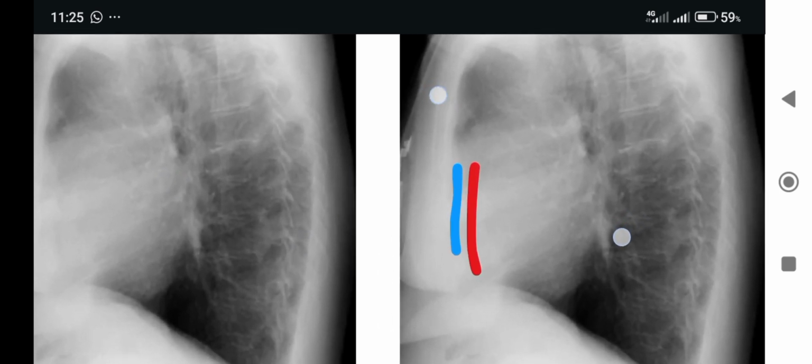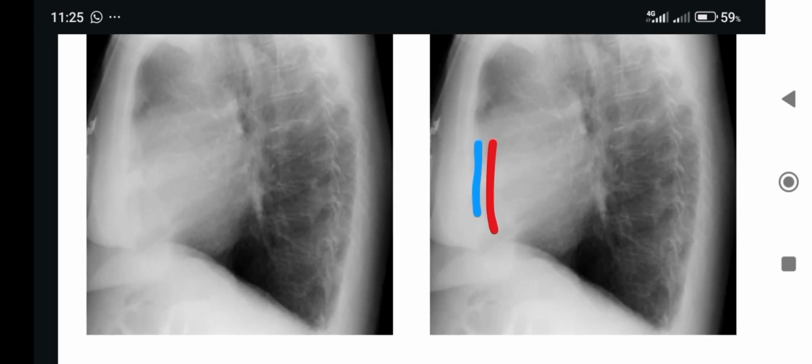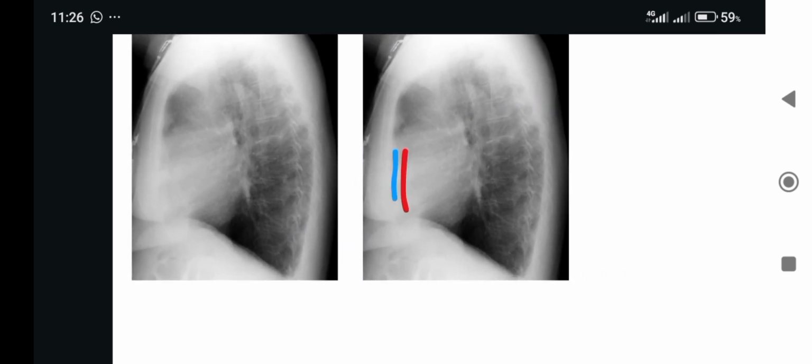I used a label to separate the red line and the blue line. The red line represents the epicardial fat, that is the epicardial fat sign, and the blue line is the pericardial fat behind the sternum. So that is the Oreo cookie sign.